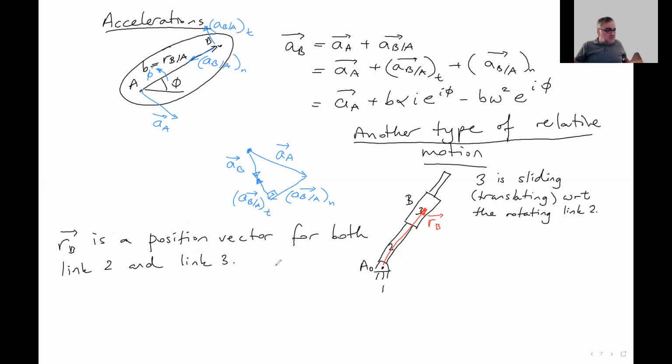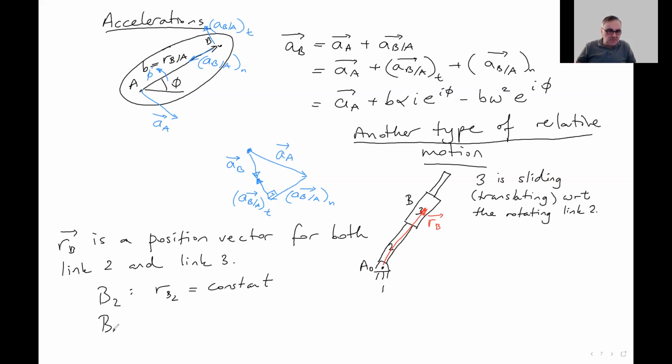Their positions are the same, but there is a difference. For B2, this distance RB2 is constant because its position does not change.